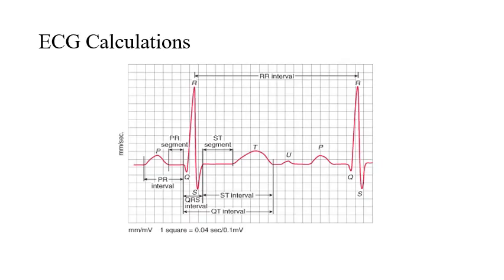So again, let's remind you of the intervals and segments that we can get from the ECG. This is the RR interval. We measure this distance by counting the small squares, and by counting the small squares, we can know the time interval between R and R in seconds. So if it was 0.8 second, then we can know the heart rate.